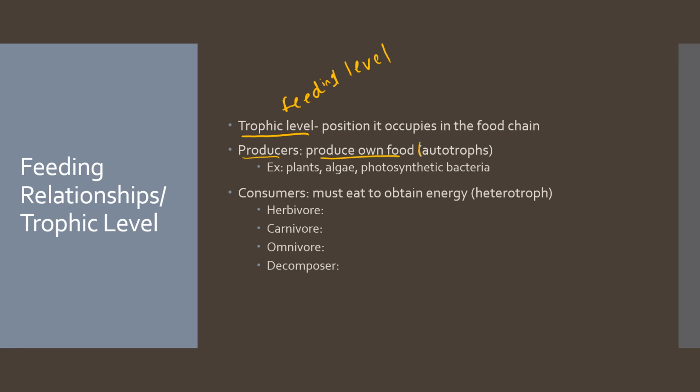They are called autotrophs because they can self-feed through a process called photosynthesis. So anything that does photosynthesis is an autotroph. Definitely write some examples down: plants, algae, photosynthetic bacteria as well.